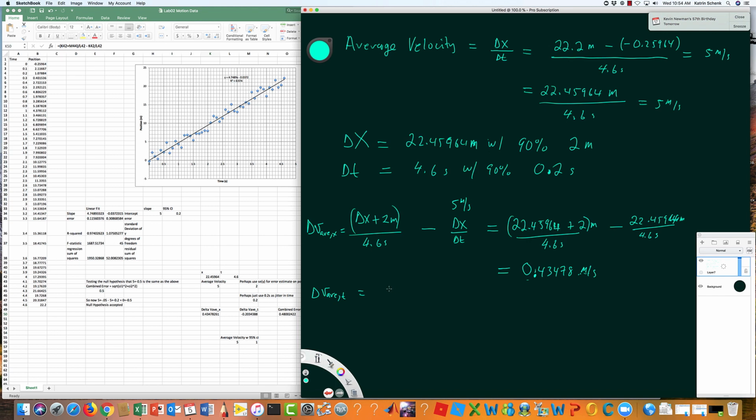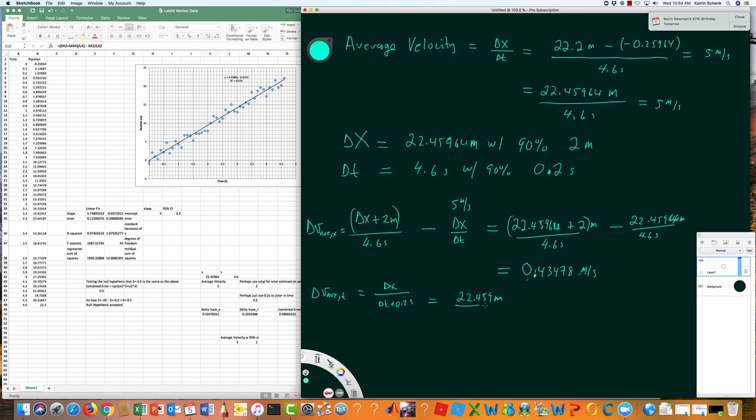And now what do I do? Well, instead of just delta t, I substitute delta t plus 0.2 seconds, okay? So this is just regular delta x over delta t plus 0.2 seconds. That's my jitter. And so I get the delta x is 22.459 meters.